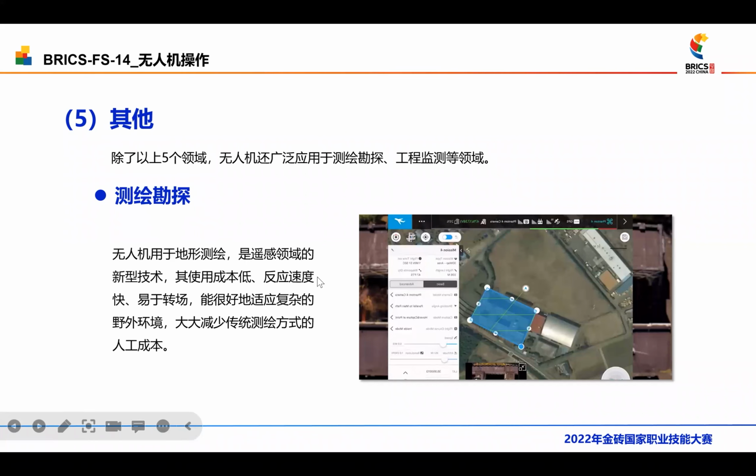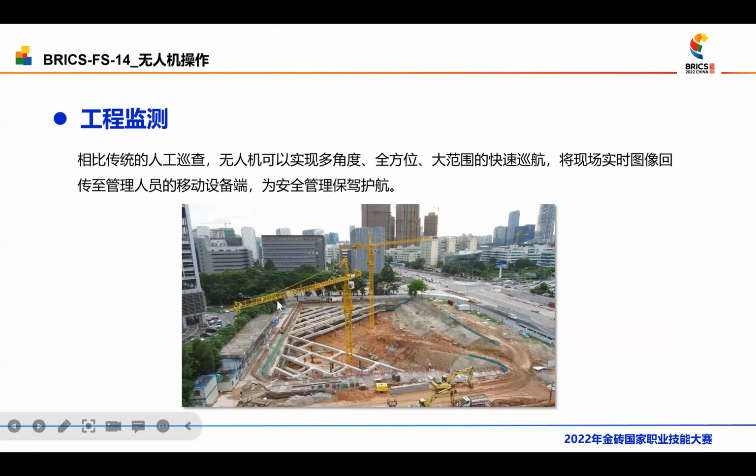UAV is used for topographic mapping as a new technology in the field of remote sensing. With low use cost, fast reaction speed, and easy transfer, it can adapt well to complex field environments and greatly reduce the labor cost of traditional surveying and mapping.